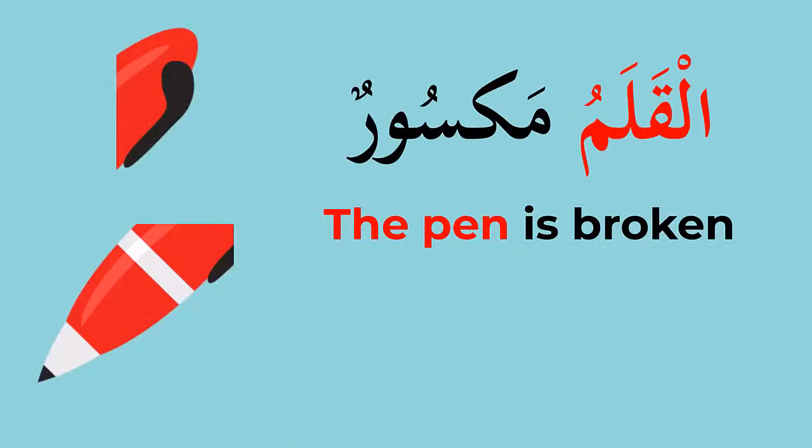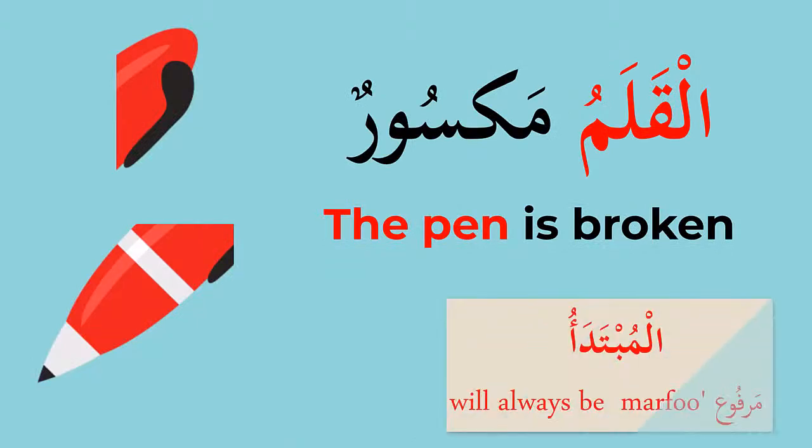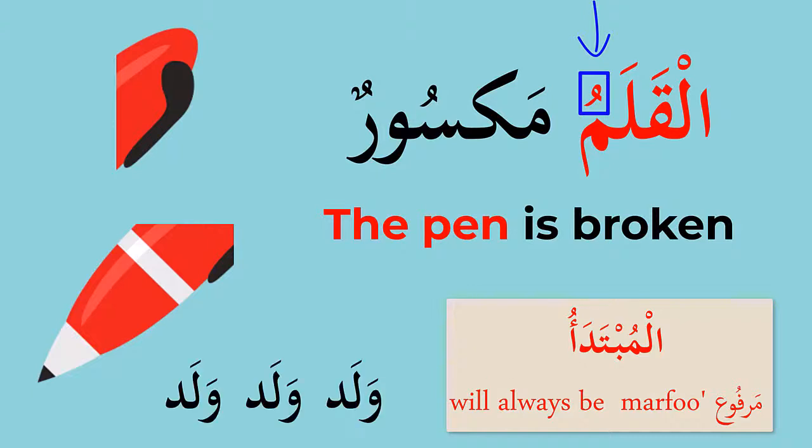Rule number 2. Mubtada will always be marfu. What is the meaning of that? It will end with a dhamma. Right away we are coming to what we were trying to say in the beginning. A noun can be marfu, mansub, or majrur, and we want to know why.